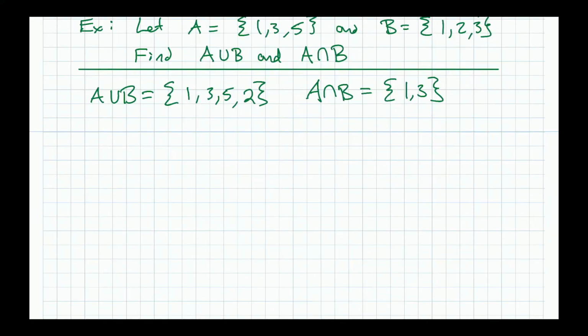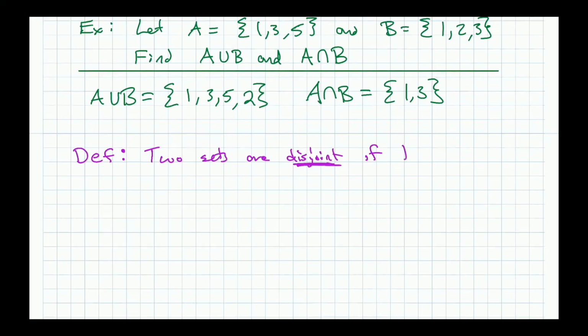Let us continue on. Here's another definition. You need to know what it is, but you don't really use it. It's like when somebody says it, you need to know what they mean. Two sets are disjoint. That's the vocab word, disjoint. Two sets are disjoint if their intersection is empty.